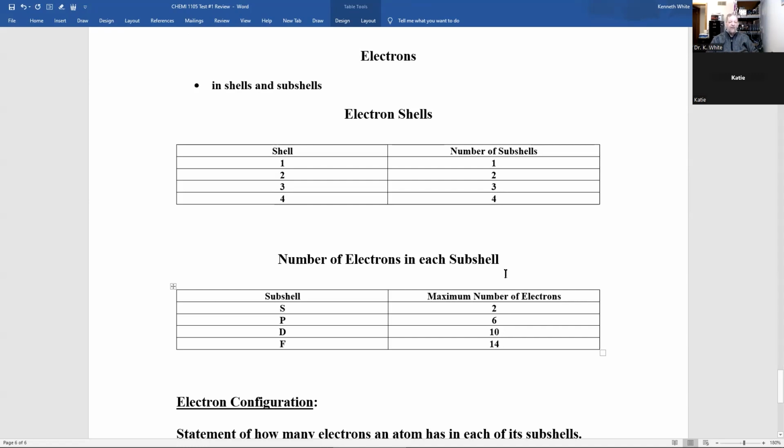And you should know that shell 1 is the lowest energy, shell 4 is the highest energy.